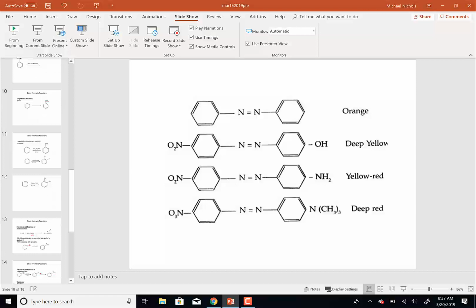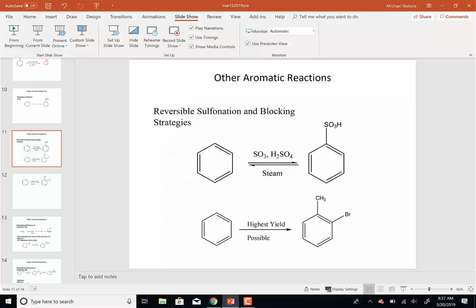Now let me just go back and let's talk about blocking. We've talked a little bit about protection in terms of when we use the silyl chloride to protect an alcohol from being reacted. Blocking is kind of like that, but it's kind of totally different. So one thing we need is, if you're going to do anything that's reversible, it has to be reversible.